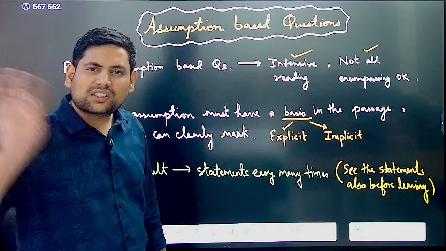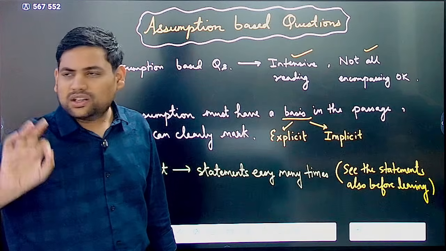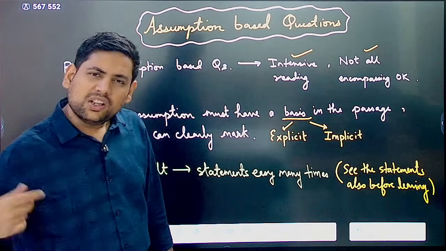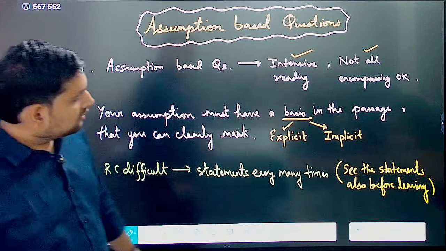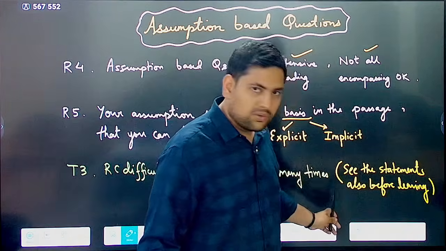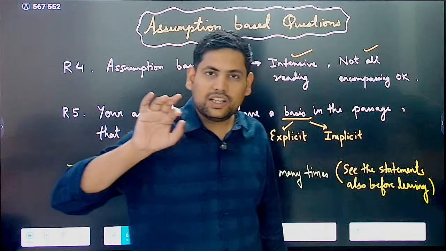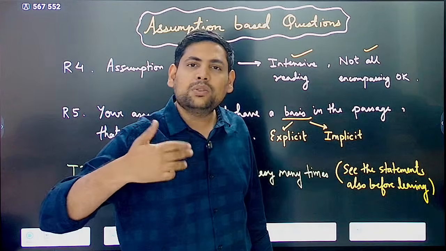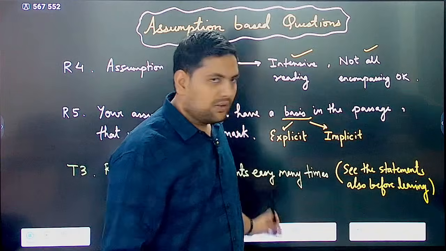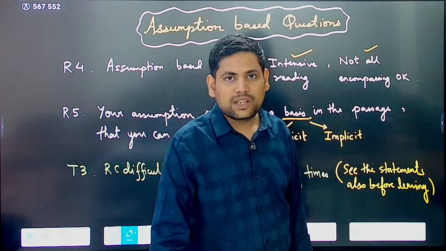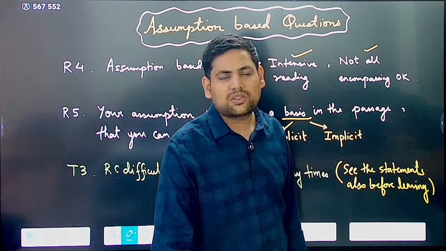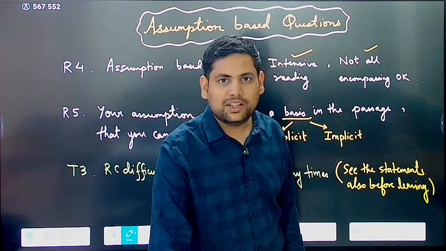It will have some extreme statements with words like only, this, not, never. You can very clearly eliminate them. So if you read a passage and you don't understand anything, it's very technical in nature, what you tend to do is leave the question. But what I am saying is, in assumption based questions, see the statements also before leaving. Sometimes they are very easily eliminatable.